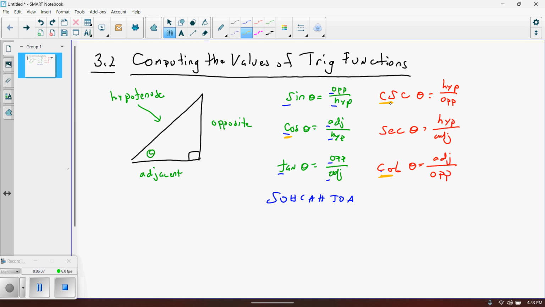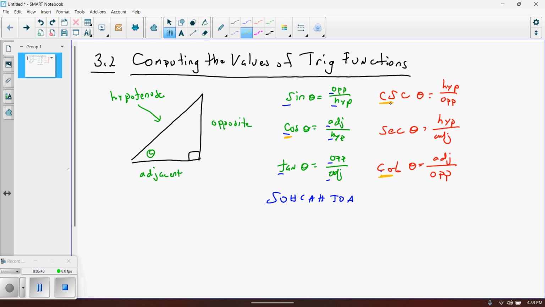There is a non-cofunction as its reciprocal. So cosine can't go with cosecant because they would both be cos. So cosine has to have its reciprocal as secant. Sine then would have the reciprocal as cosecant. So you see how every cofunction has a non-cofunction. The only one that tends to actually make sense is tangent and cotangent because they're the same name basically. One's co and one's not. All right. So that's just a nice way for you to remember how to do stuff like that.